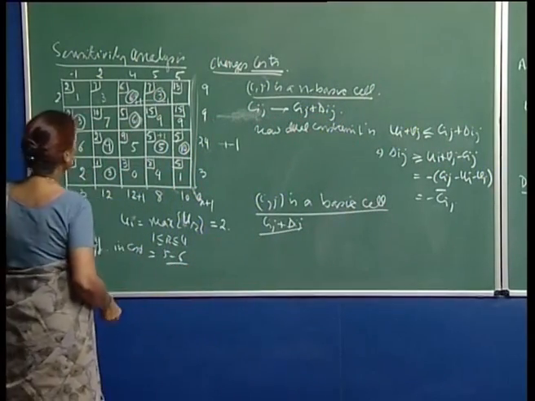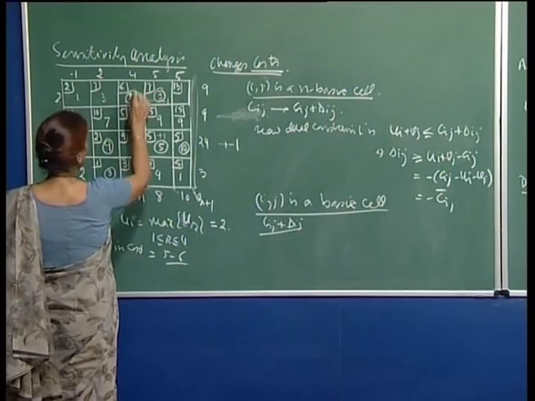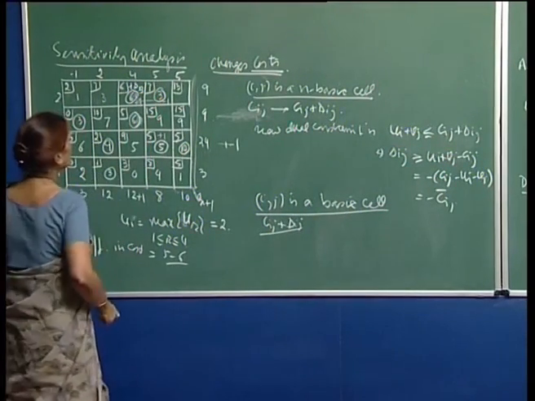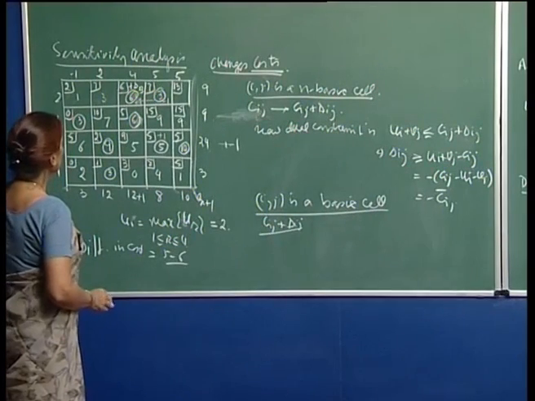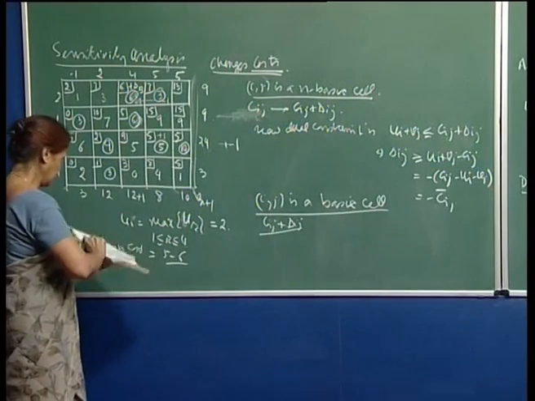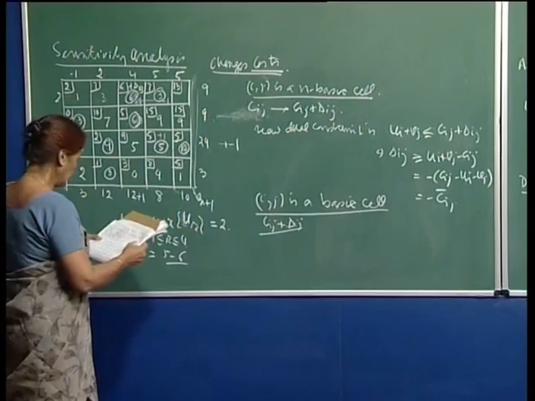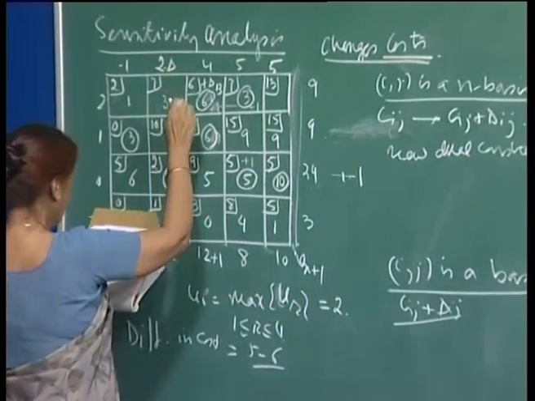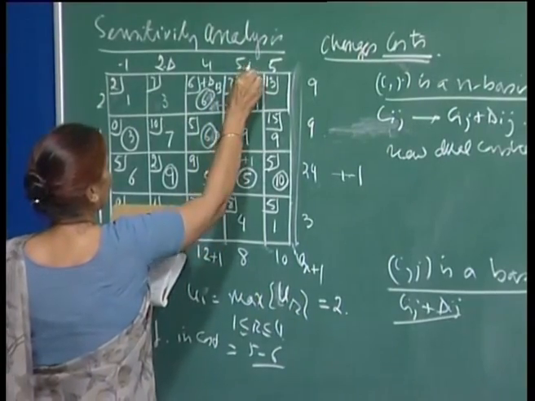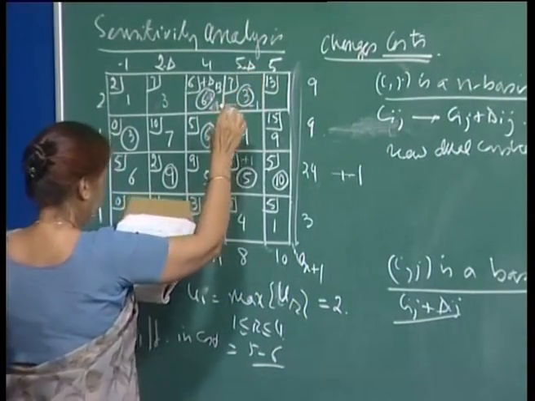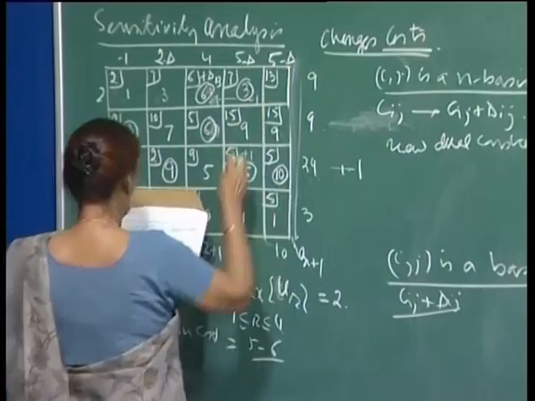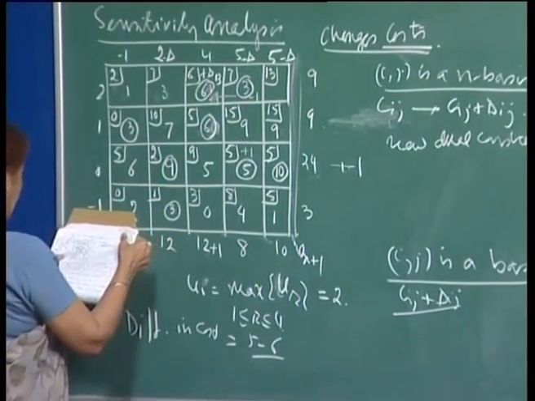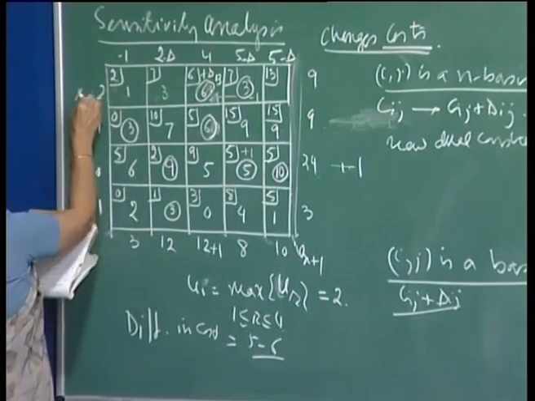So, say for example, here if this number goes up by delta, so this is delta 1 3, and you can quickly compute. I will just show you the numbers here, because otherwise it will take time. So, this is 2 minus delta, then 5 minus delta, and this is also 5 minus delta. Then here it will become delta plus 2.